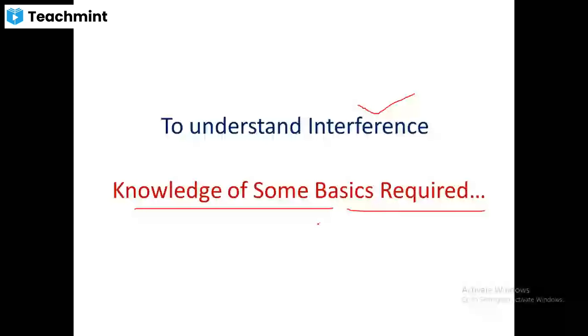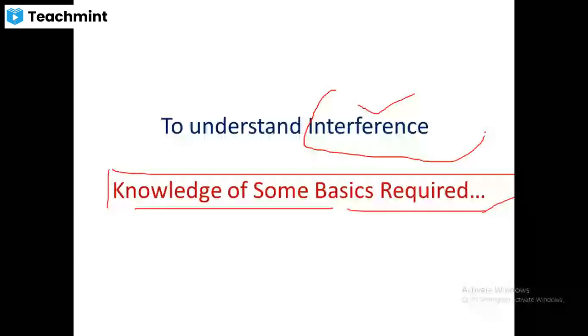Without this knowledge, you cannot understand the concept of interference properly. So what are these basics? What exactly a wave is, what a crest is, what a trough is, what a wavelength is, what a frequency is. All these things are the basics to understand interference thoroughly.